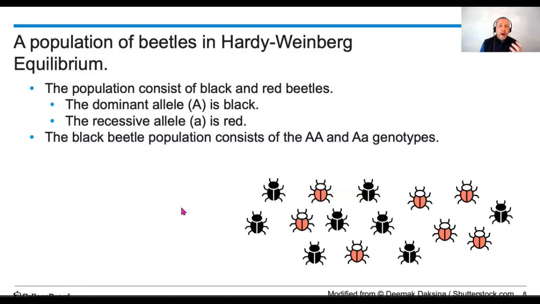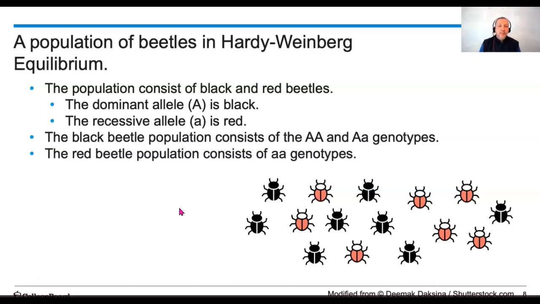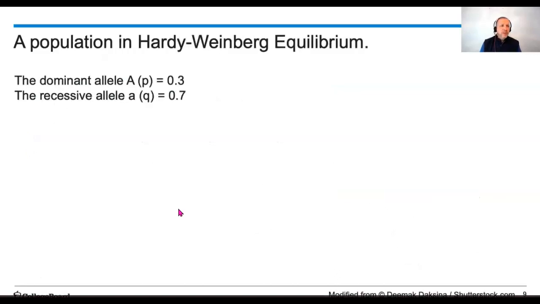The black beetle population consists of the homozygous dominant and heterozygous genotypes, and the red beetle population consists of the homozygous recessive genotypes. For this population, the dominant allele, p, is equal to 0.3, and the recessive allele, q, is equal to 0.7. With p plus q equals 1, so 0.3 plus 0.7 is equal to 1.